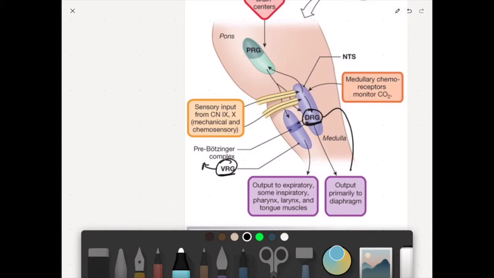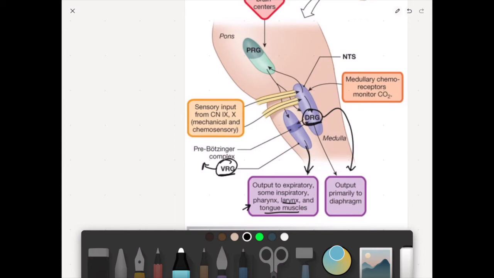Dorsal respiratory group primarily sends efferents to the diaphragm via the phrenic nerve. The ventral respiratory group sends signals for inspiration, meaning breathing in, not having an aha moment, and expiration to the pharynx, the larynx, the tongue muscles.